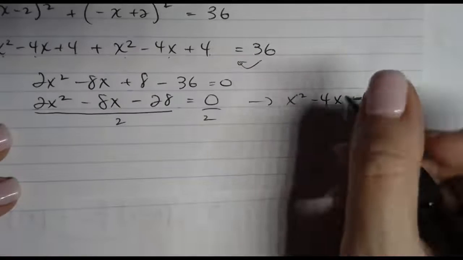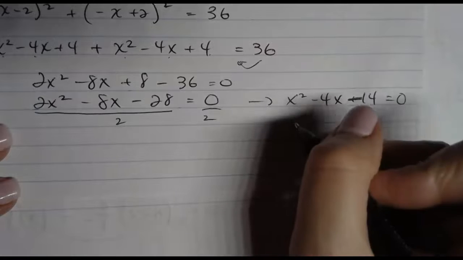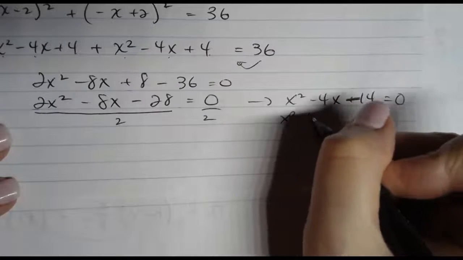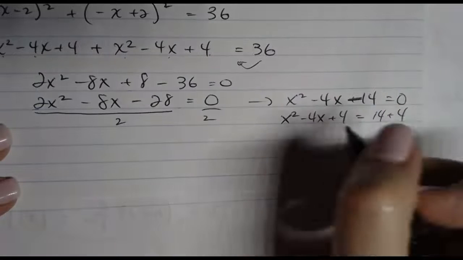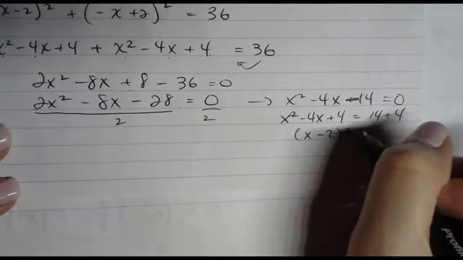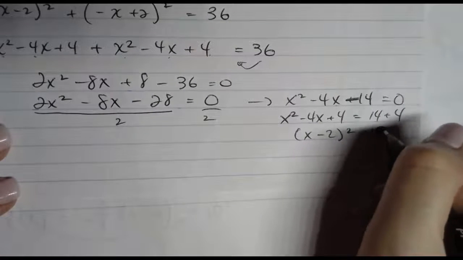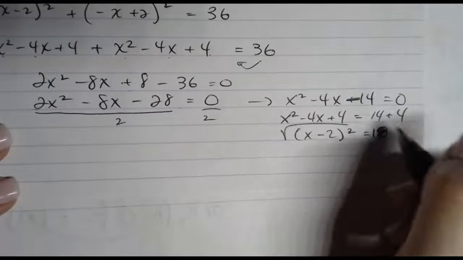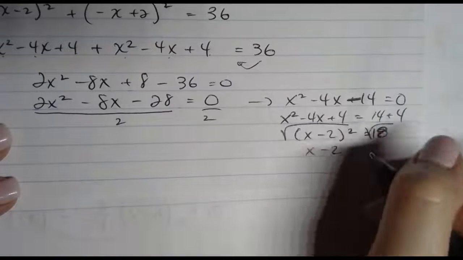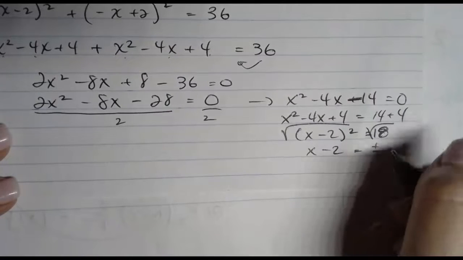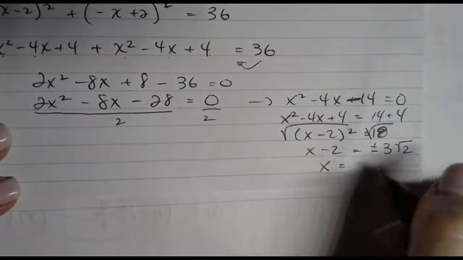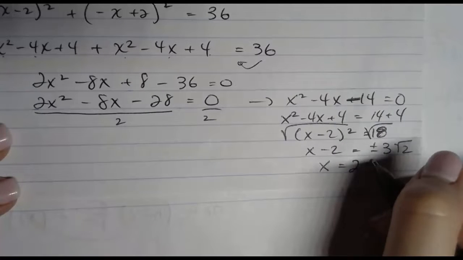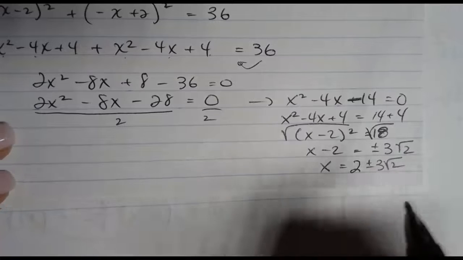So from here, you just got to solve this quadratic equation, which you could do with the quadratic formula, or you could use the shortcut, which is completing the square. X squared minus 4x plus 4 equals 14 plus 4. (X minus 2) squared equals 18. Square root: x minus 2 equals plus or minus 3 root 2. So x equals 2 plus or minus 3 root 2.